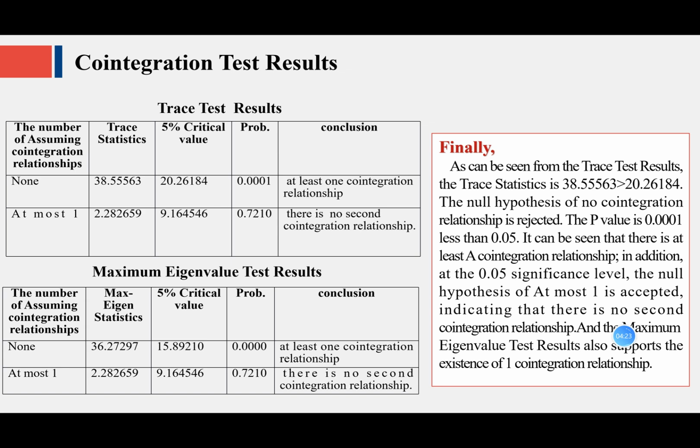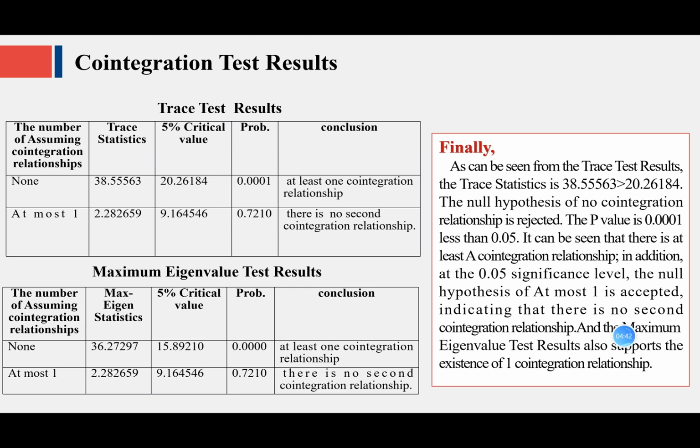The null hypothesis of no cointegration relationship is rejected. The p-value is 0.001, less than 0.05. It can be seen that there is at least one cointegration relationship.